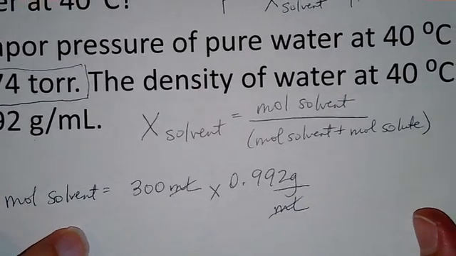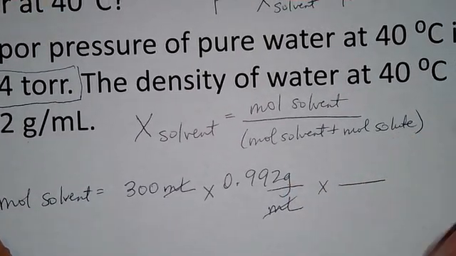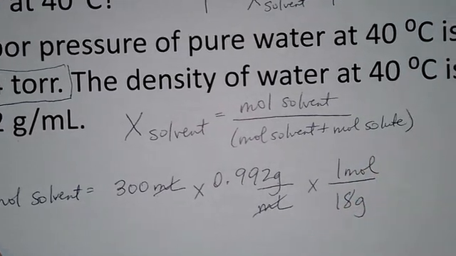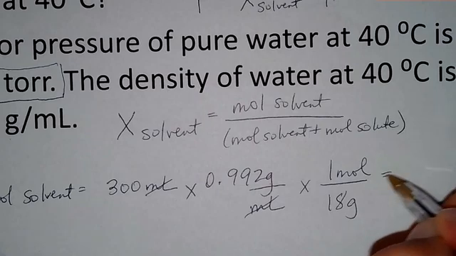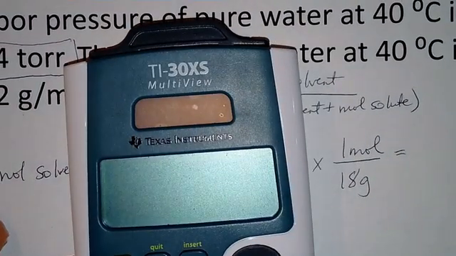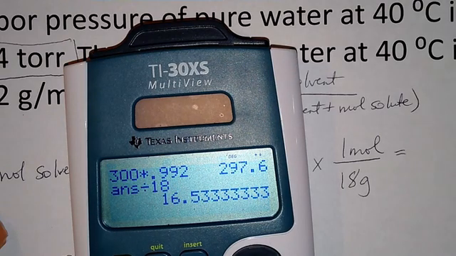Then I'm going to use my molar mass to turn grams into moles. So 300 mL times 0.992 for our density divided by our molar mass. So we get 16.53 moles of the solvent.